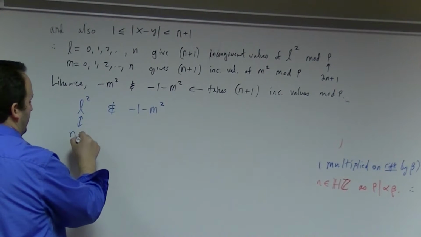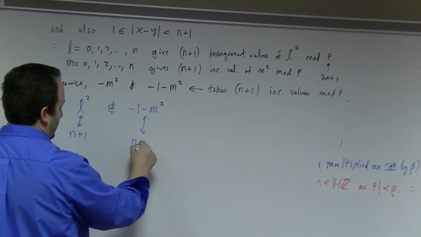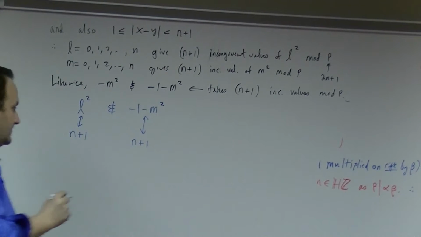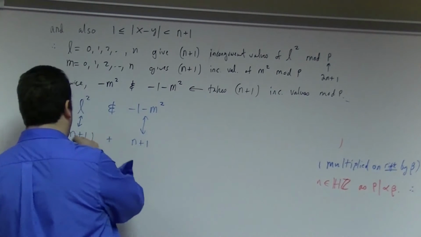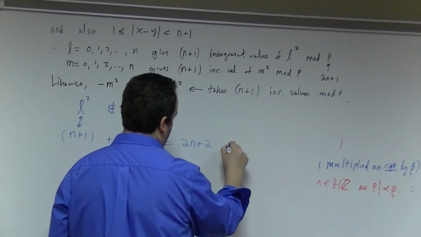Well, n plus 1, right? How many values here? n plus 1. How many total values? Yeah, 2n plus 2 values.